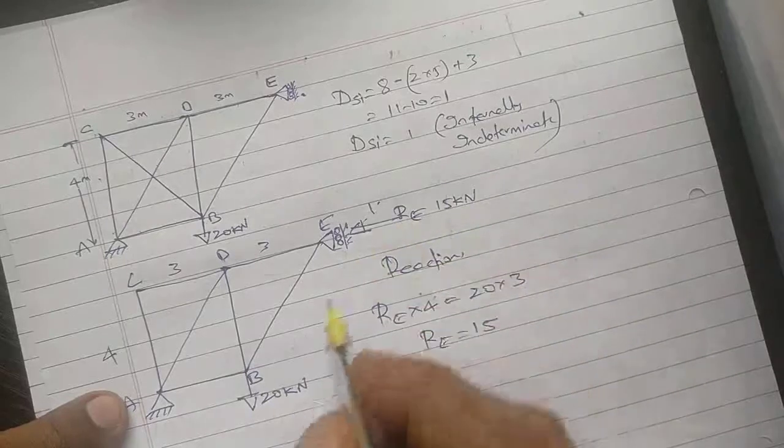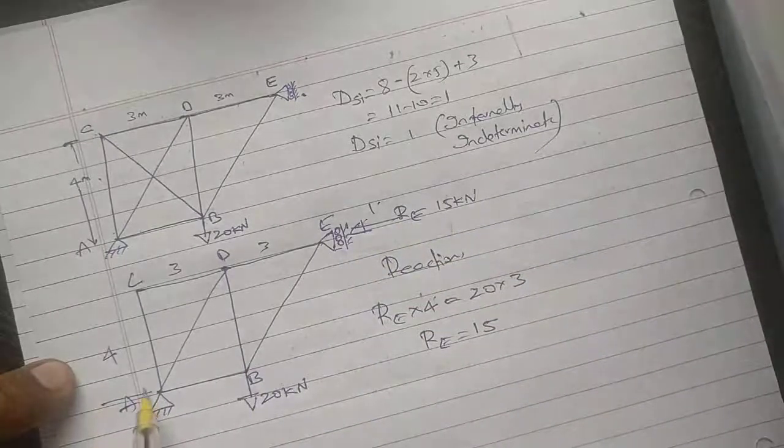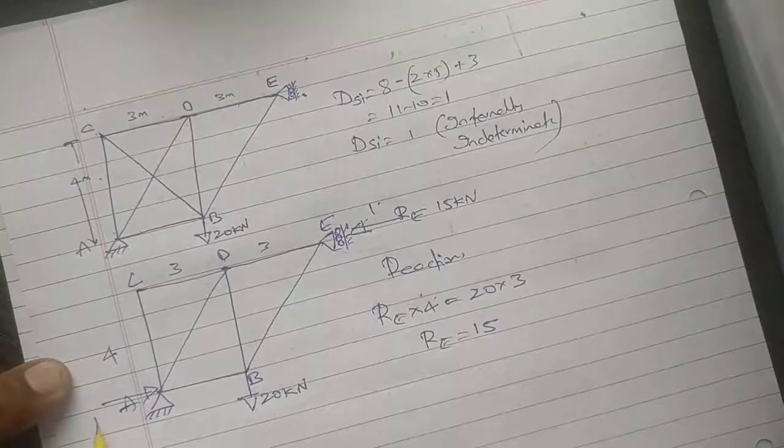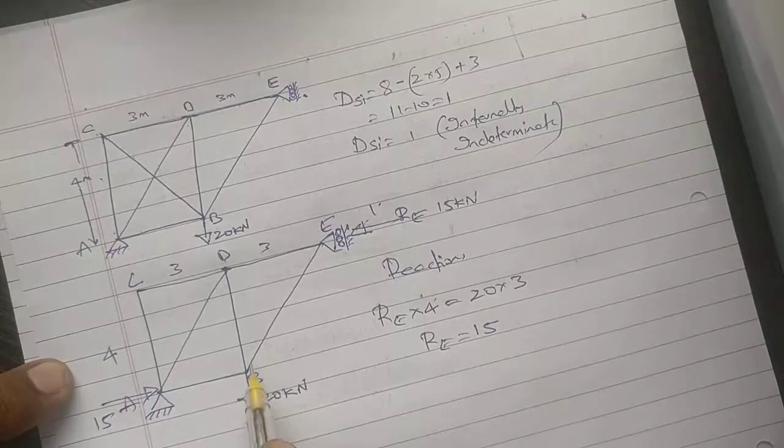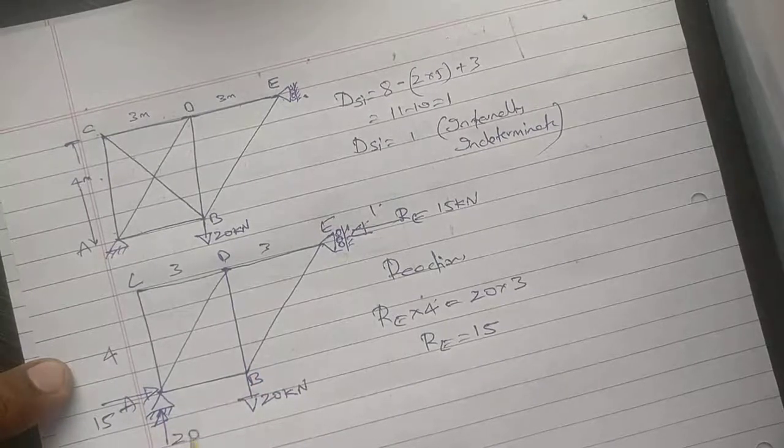If this is 15, so you should have here in this direction 15, and this is 20 down, so you should have here 20 up.